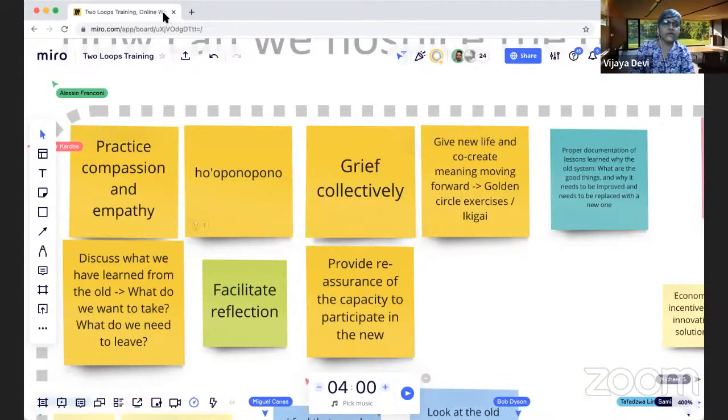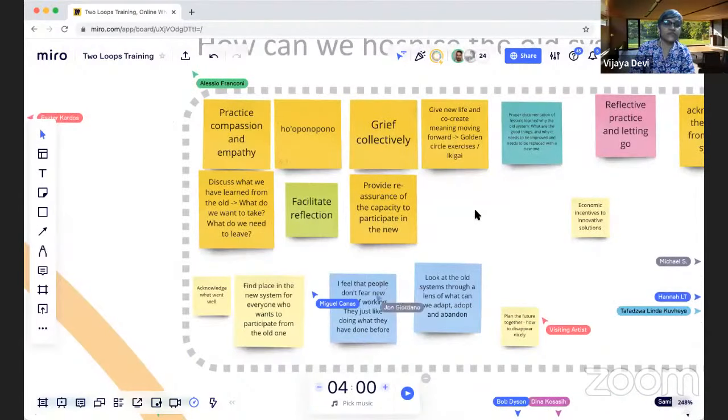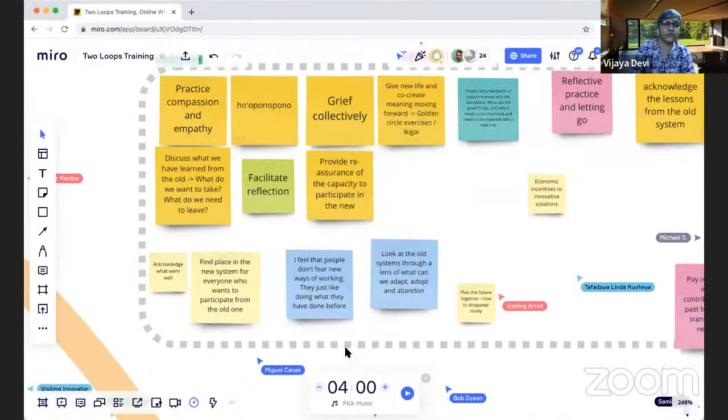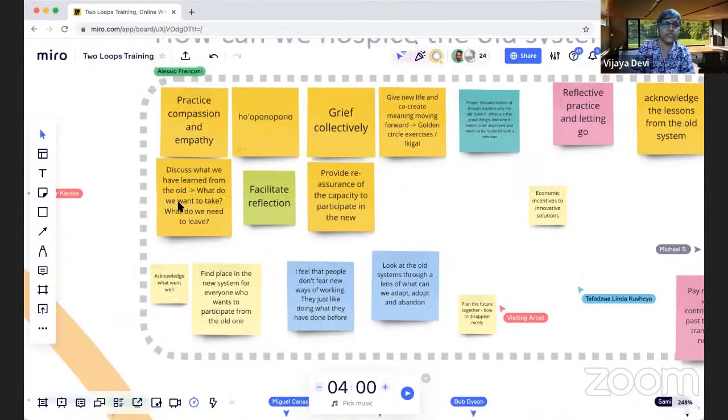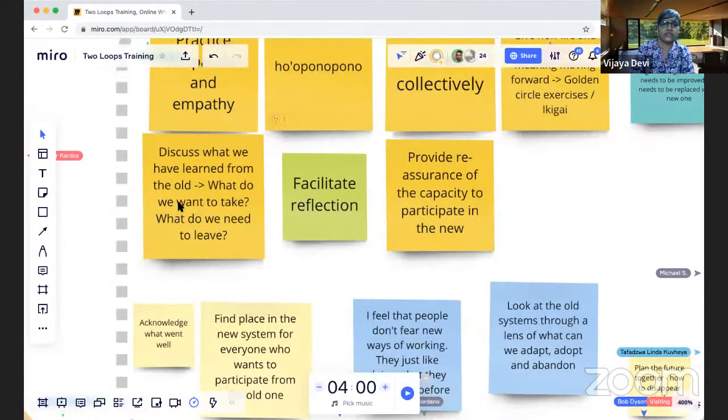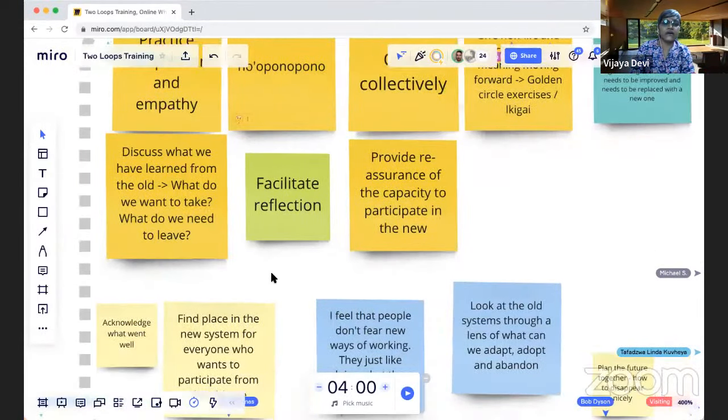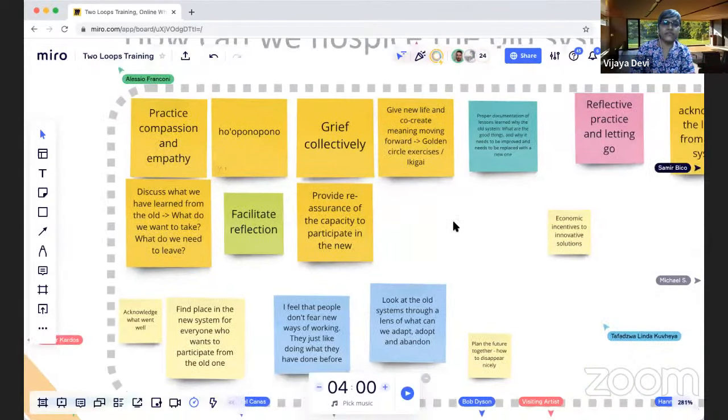Yeah. So practice compassion and empathy. Discuss what we have learned from the old and what do we want to take? What do we need to leave? Yes. I feel that people don't fear new ways of working. They just like doing what they've done before.